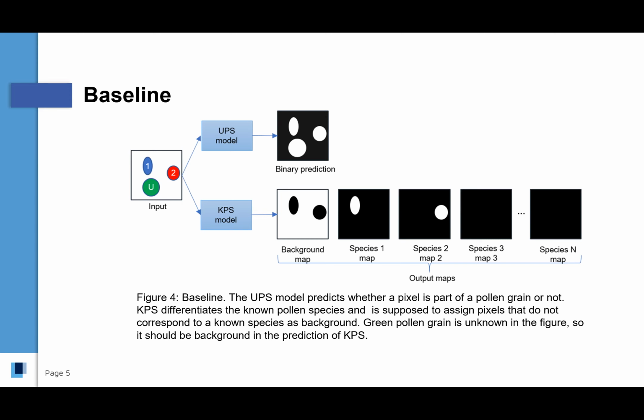Instead, KPS differentiates the known pollen species and is supposed to assign pixels that do not correspond to a known species, either because they correspond to background or to an unknown pollen species, to the additional bin class of KPS, as shown in Figure 4. Combining the predictions from UPS and KPS should make it possible to identify unknown pollen species, which are the pixels labeled as pollen by UPS and background by KPS.